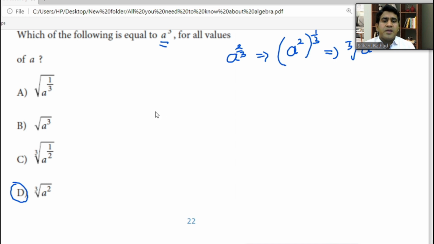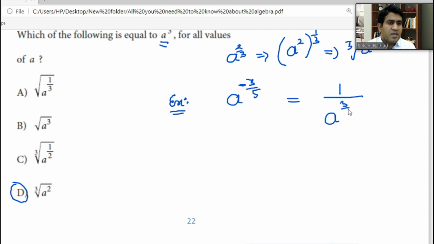All right. There may also be a question relating to that. Let me consider another example of the same type. If there is a question, a to the power, let's take negative 3 by 5. As it's a negative exponent, we know that any base to the power of a negative number is written as its reciprocal.